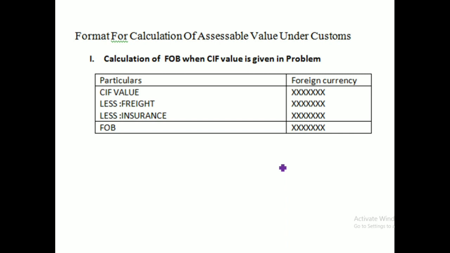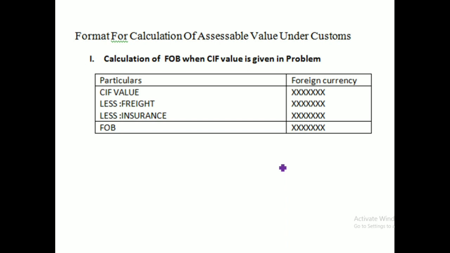Here, in the calculation of assessable value, observe the problem. If the CIF value has already been given in the problem, we again need to consider those things. We just need to calculate adjusted FOB and adjusted CIF values. Whatever CIF value is given in the problem is not final.